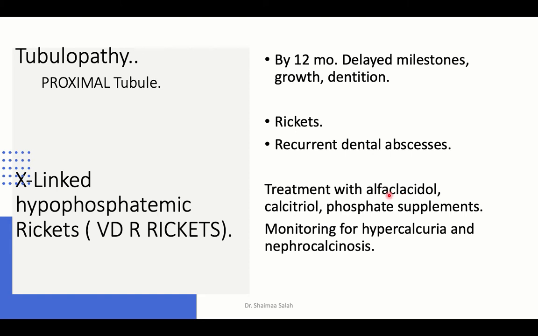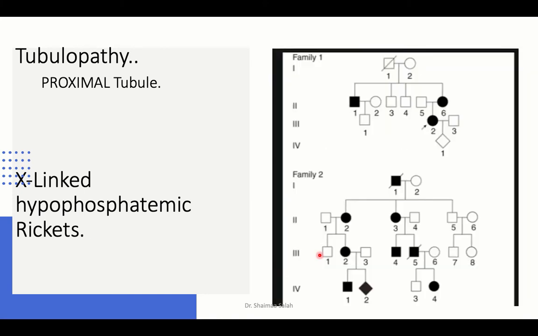So we need the active form of vitamin D, either alfacalcidol or calcitriol, plus oral phosphate supplements. Monitoring for hypercalciuria and nephrocalcinosis, don't miss that. Any patient receiving vitamin D or calcium therapy for long times should be followed for the risk of increased calcium excretion in urine and nephrocalcinosis that can progress into end-stage renal disease.